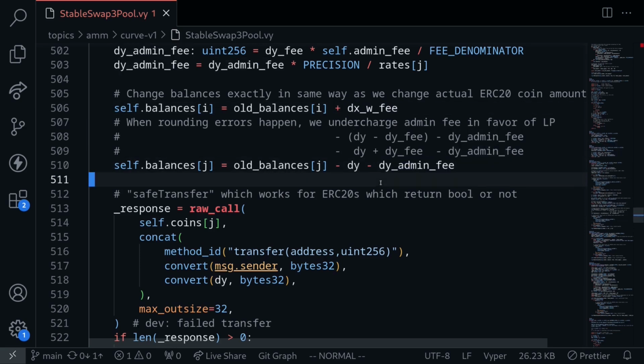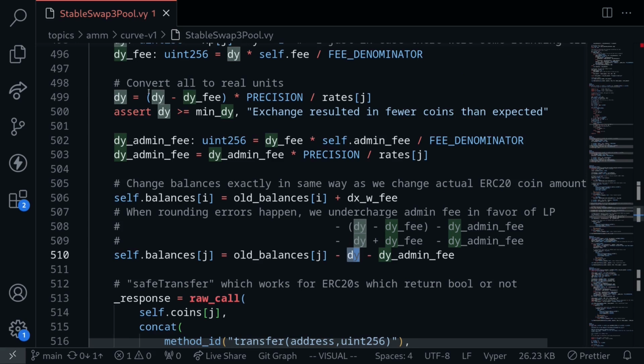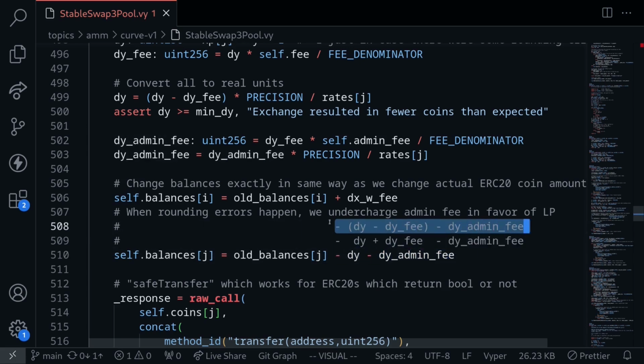This part is a little bit confusing, so I've unpacked what this actually does. dy, let's take a look at this. dy is equal to dy minus dy fee. And then dy admin fee is a fraction of this dy fee. What this part of the code is actually doing is this: minus (dy minus dy fee), and then minus dy admin fee.